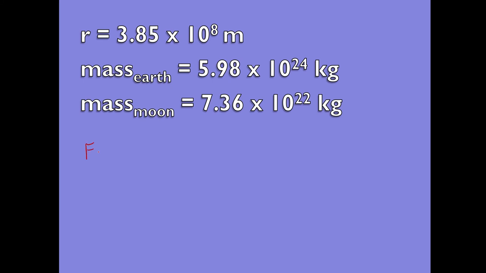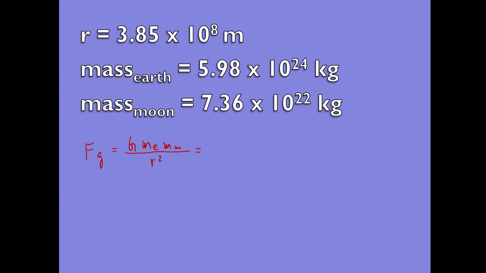First, let's write down our equation. Force of gravity equals the universal gravitational constant times the mass of the Earth times the mass of the Moon over the distance apart, so r squared.